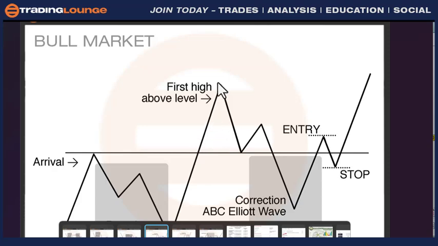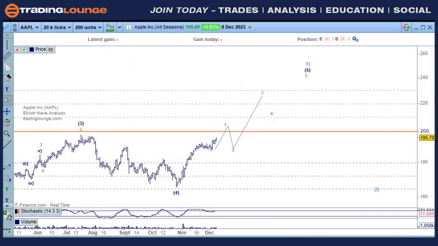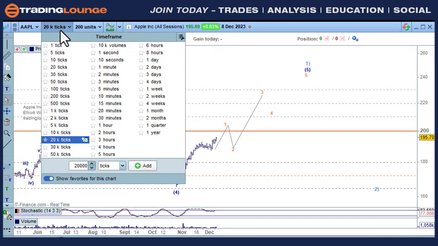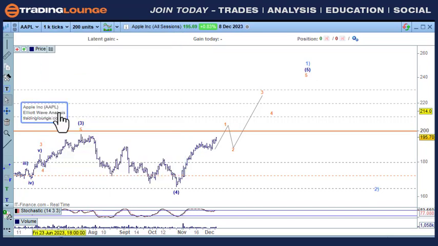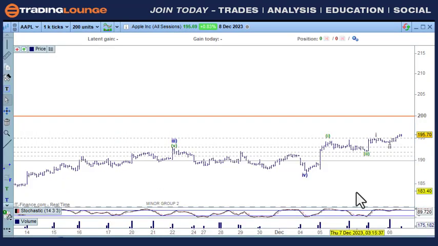It'll be 2, 3, 4, 5 here, and then we'll have this pullback here for wave 2, and then we can push up here again after that's completed. So yeah, that's it in a bit of a nutshell. We can go in here and check out this particular pattern. So we'll go from 20,000 ticks down to 1,000 ticks.